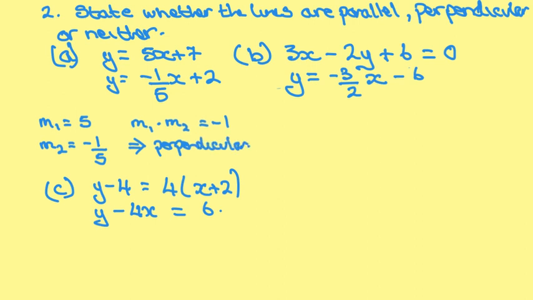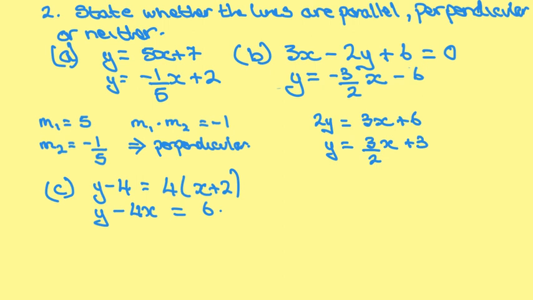Part B. The first line is 3x minus 2y plus 6 equals 0. The second line is y equals minus 3 over 2 x minus 6. If we rearrange the first equation, we get 2y is equal to 3x plus 6. So y is equal to 3 over 2 x plus 3.